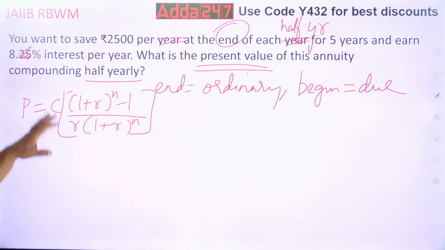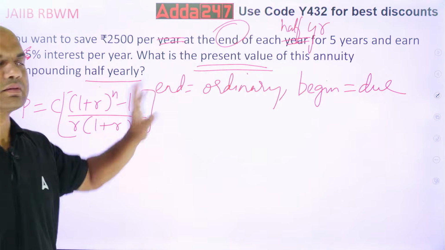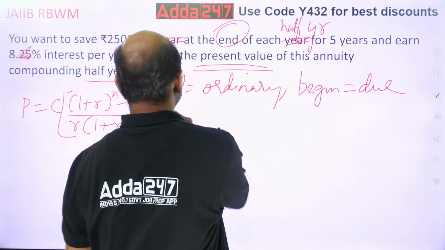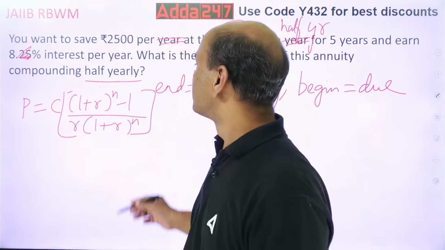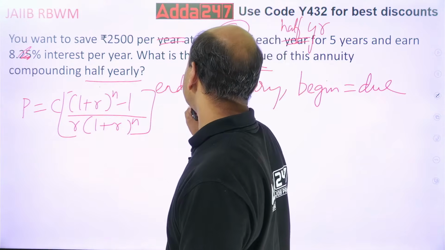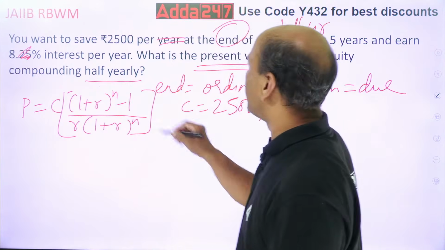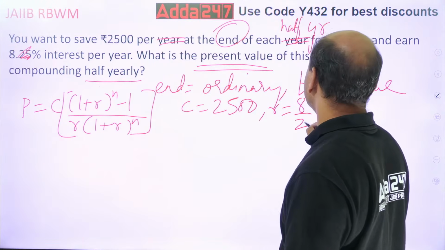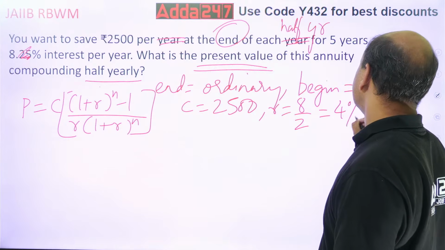See, this is the formula for present value for ordinary. If it was due, then you multiply this with 1 plus R. Now don't multiply. So what is C now? 2500. See, C equals to 2500. R is what? 8% upon 2. Half yearly now, so 4%. N is what?